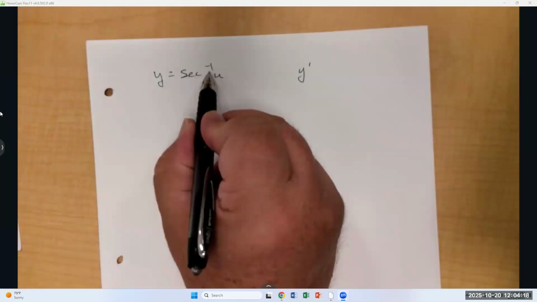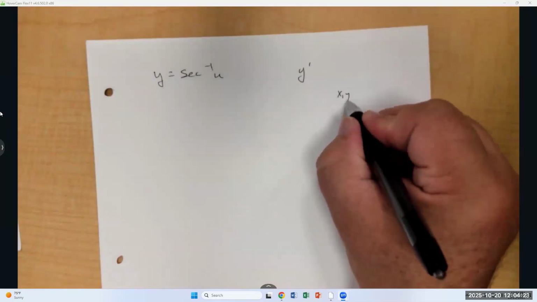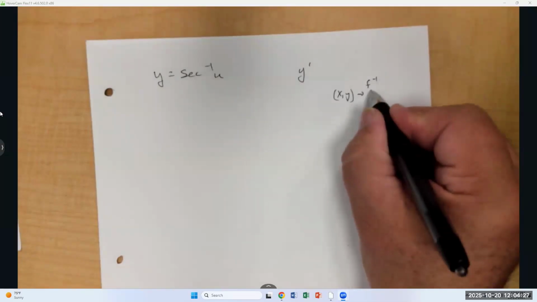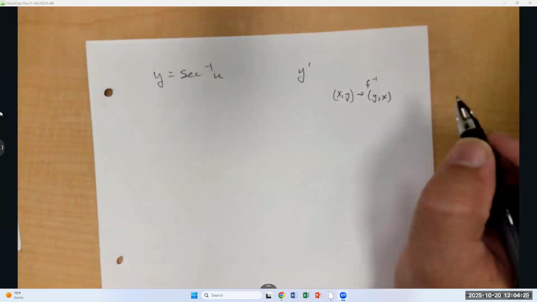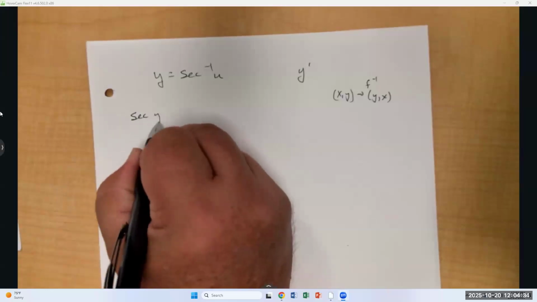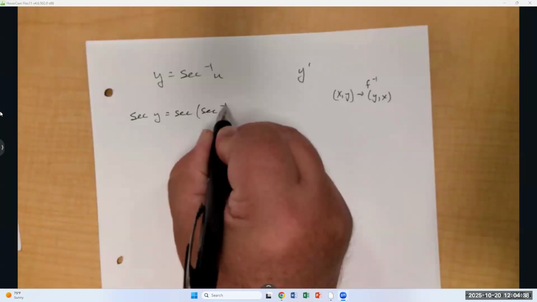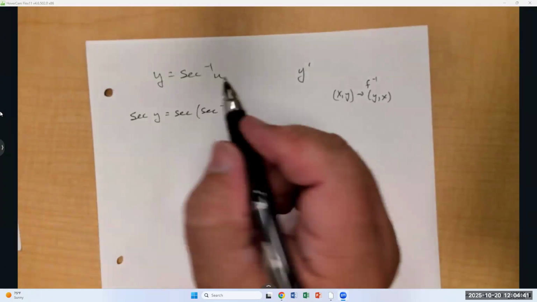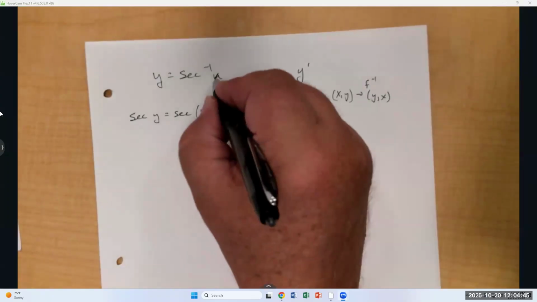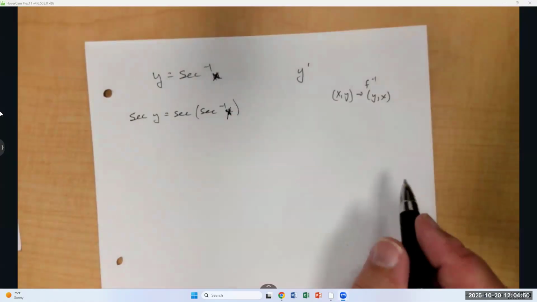Since this is an inverse, remember, if x and y, its inverse is y and x. So if I took the secant of both sides, let's just play with x right now because I don't worry about doing the du dx until later on.